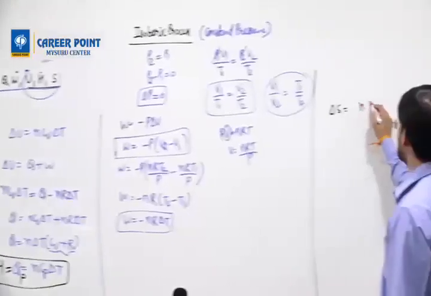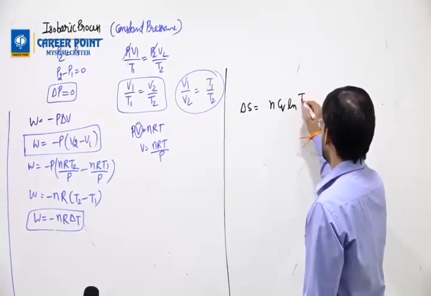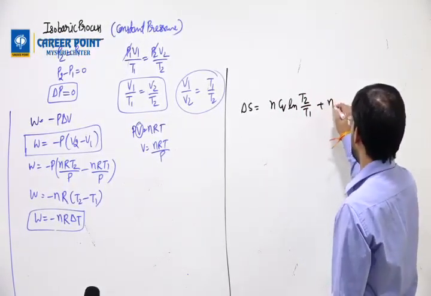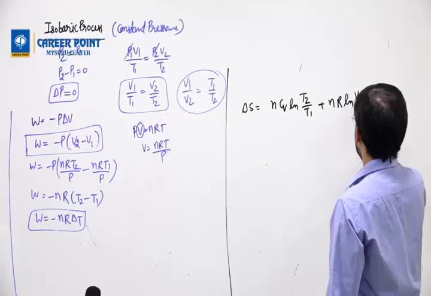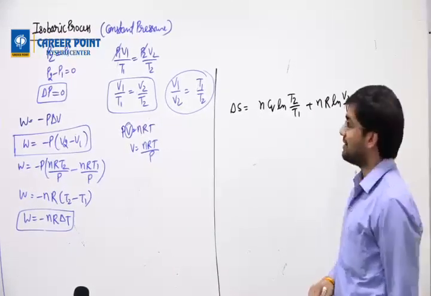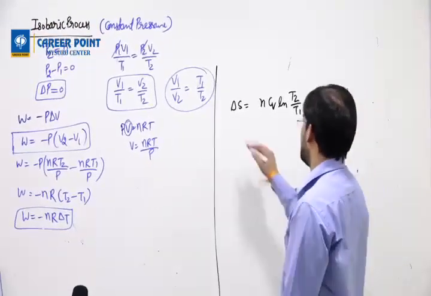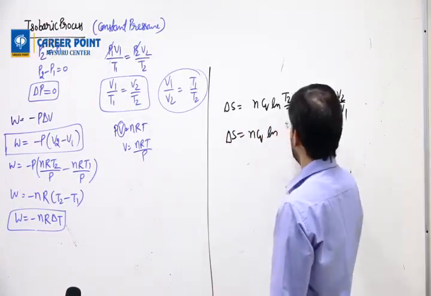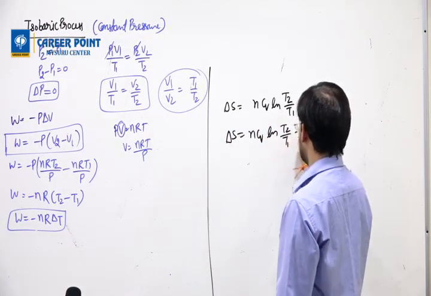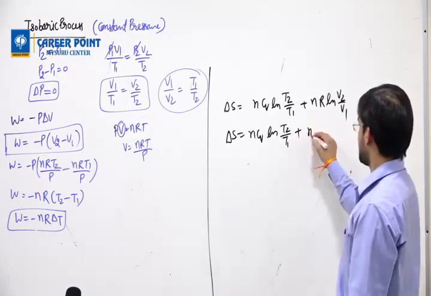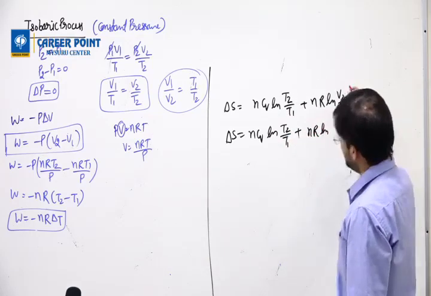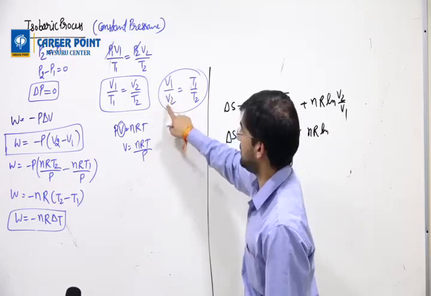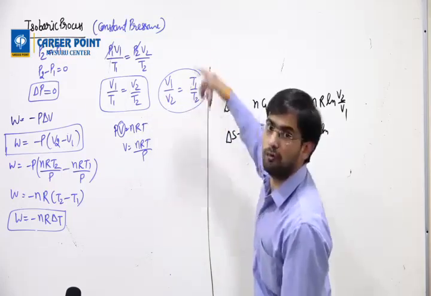Delta S equals to nCV ln T2 by T1 plus nR ln V2 by V1. V2 by V1 equals to what? T2 by T1.